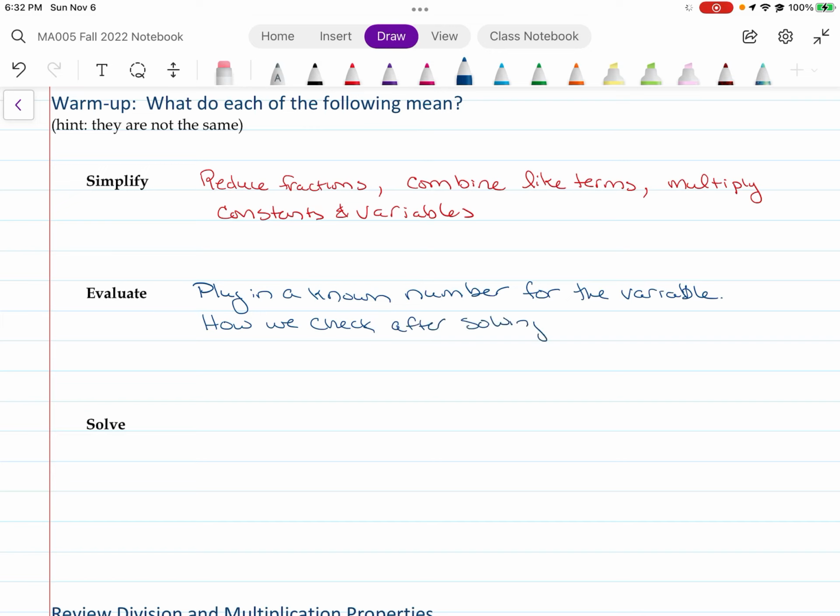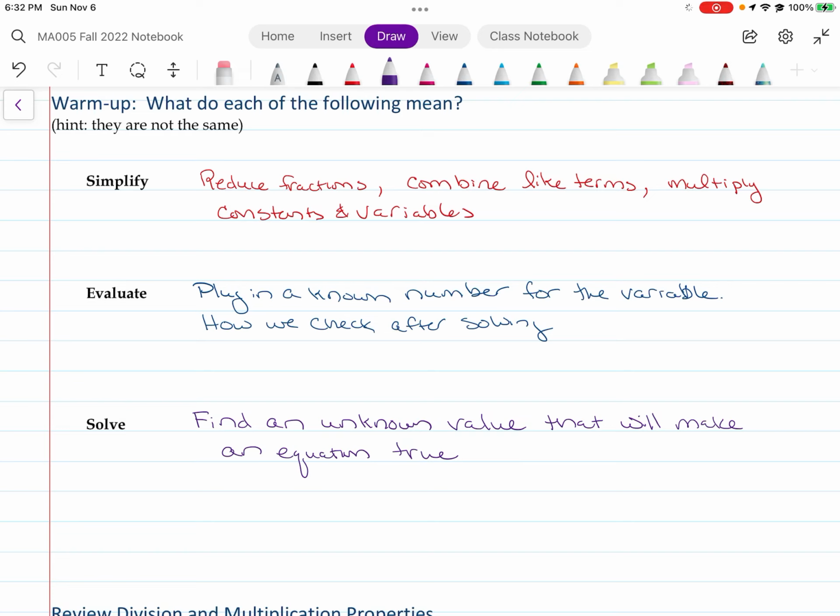All right, so what does solve mean? Solve means to find an unknown value that will make an equation true. Okay, so that's what that means.